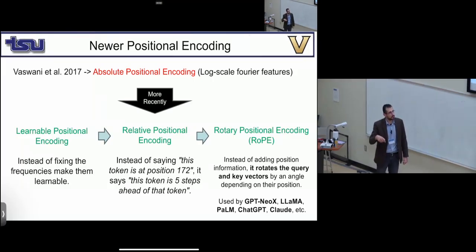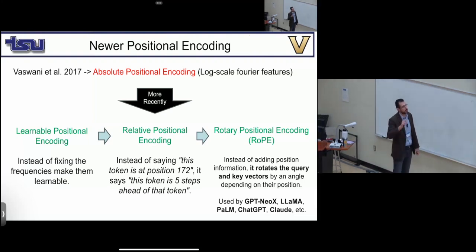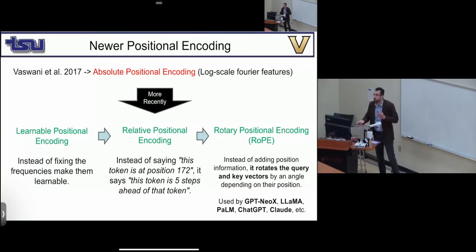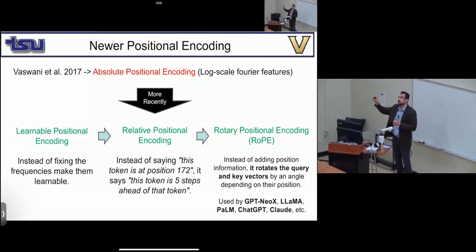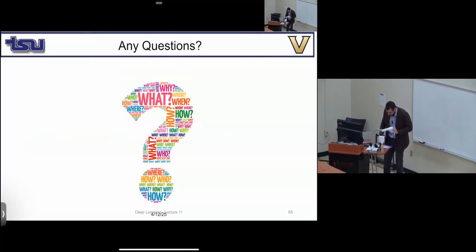And more recently, the GPT models, PaLM, ChatGPT, Claude, and all of those use another method called rotary positional encoding, RoPE. What they do is they rotate the queries and keys depending on the location that you have. And it turns out that when you calculate the attention, that becomes a relative attention. We don't necessarily, again, need to go too much into the details of how that is done.